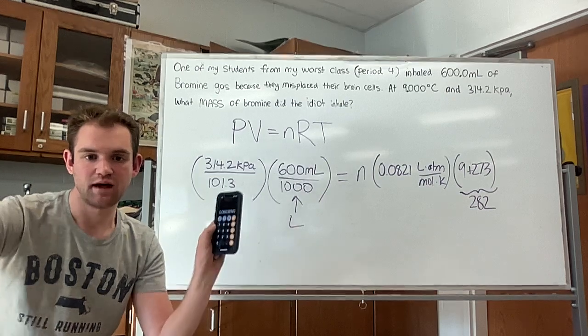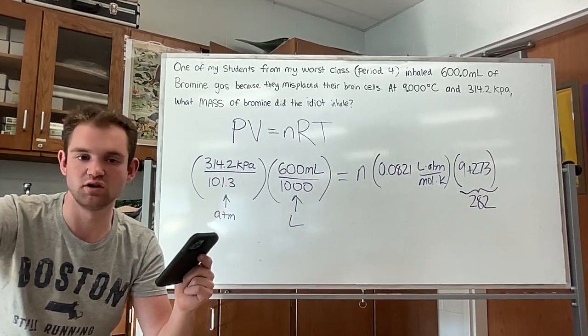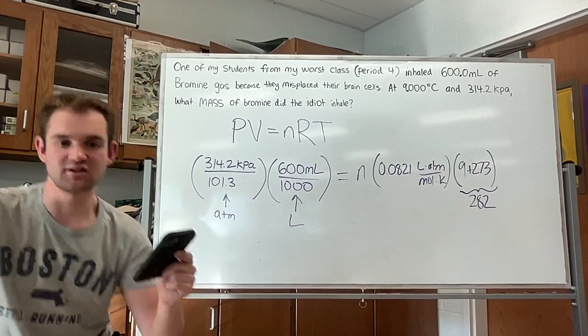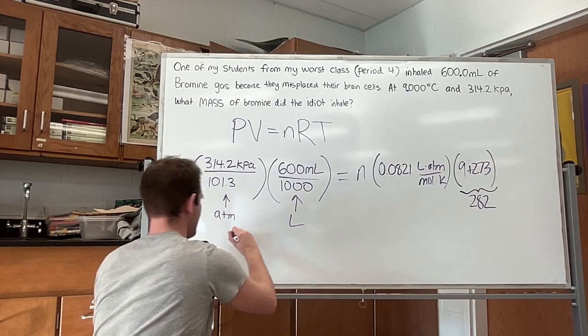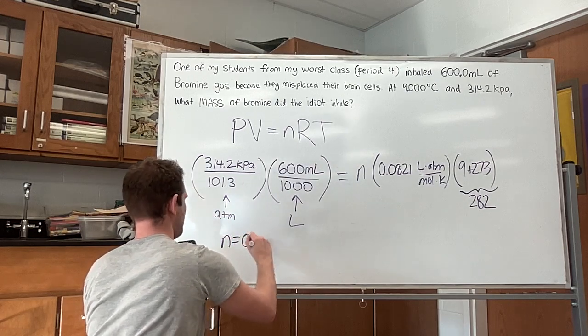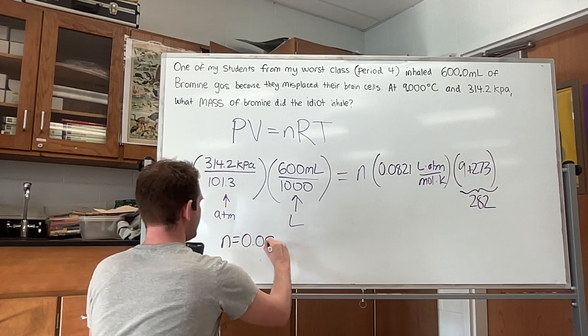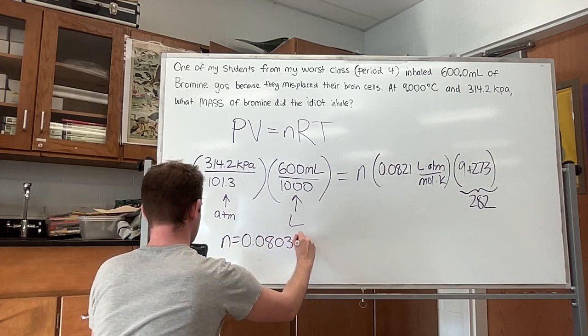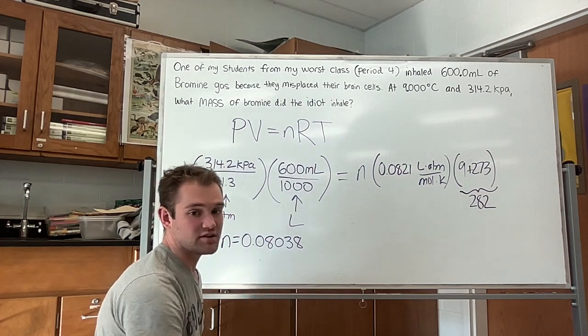Enter. I'm getting 0.080388 moles. Yeah, 4 sig figs. Haha, sucker. All right, here we go. So I have n equals 0.08038 moles. My leading zeros don't count, so yeah, we ignore those. Oh boy. All right, that's the moles.